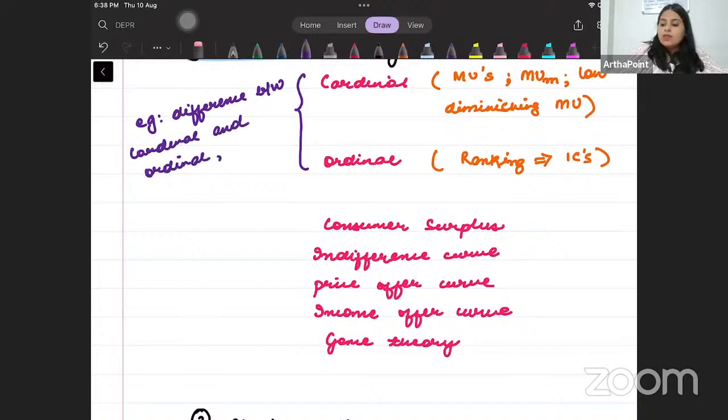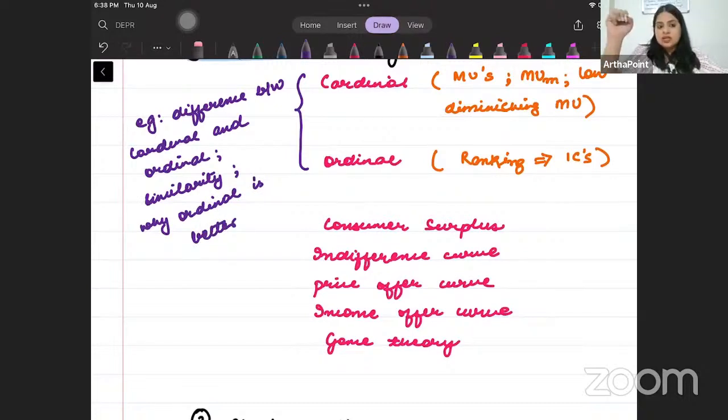And I've also talked about the similarity between the two, कि किस terms में ये दोनों similar है. And I've also talked about why ordinal approach is better. So I've talked about all these three things.